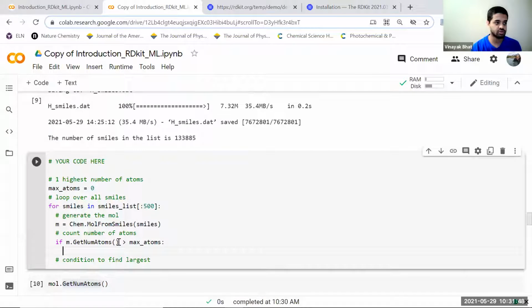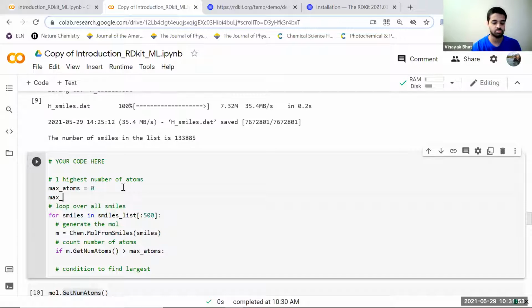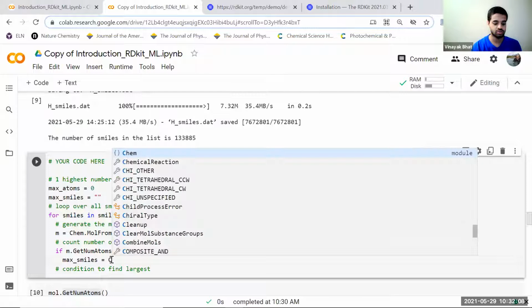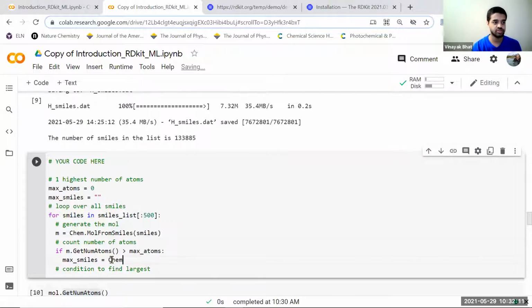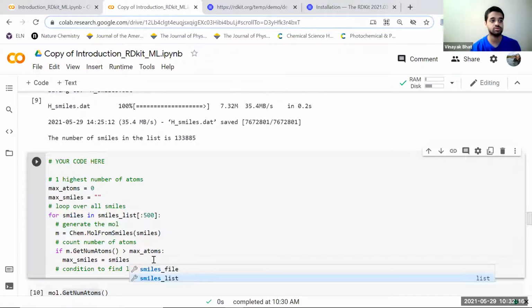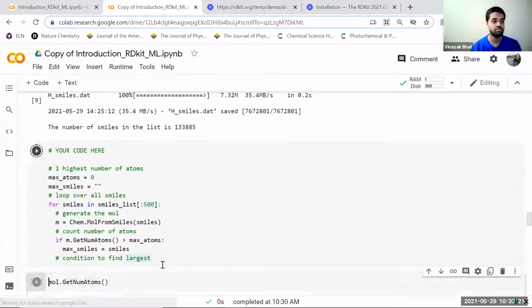And you have your condition there. If this is true, max smiles is equal to the current smiles. You can just save this smiles if you want. And if you run the code, max smiles now has that.